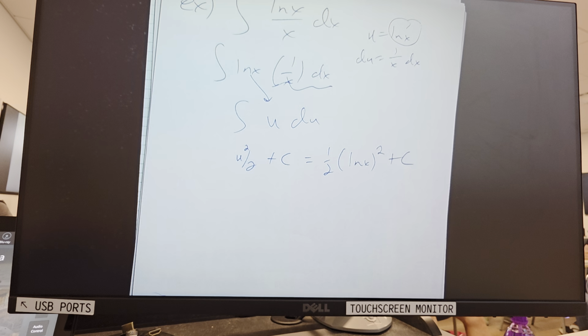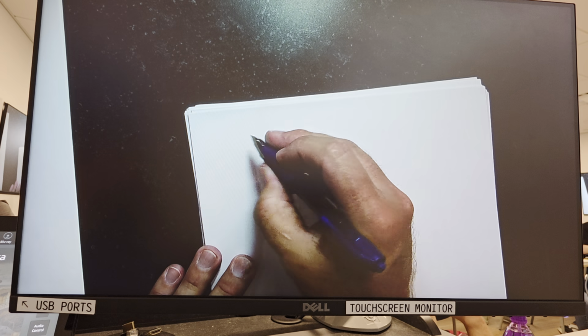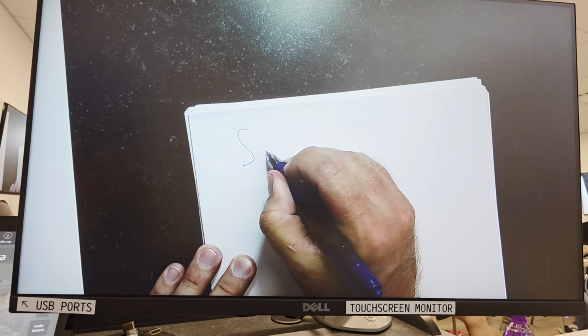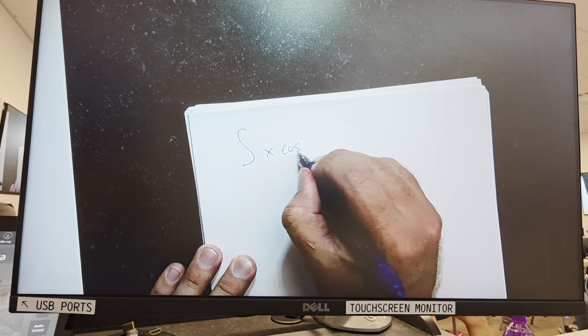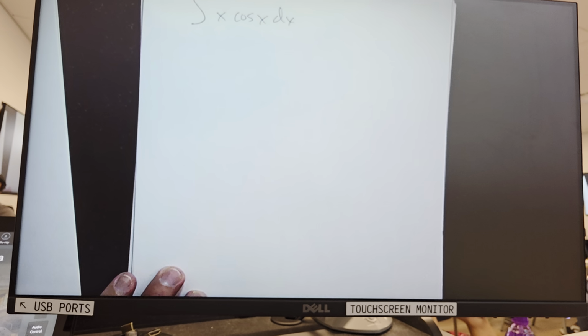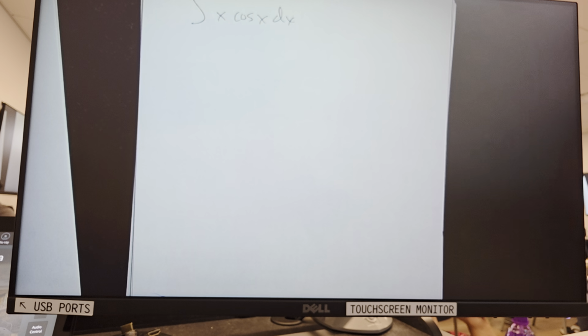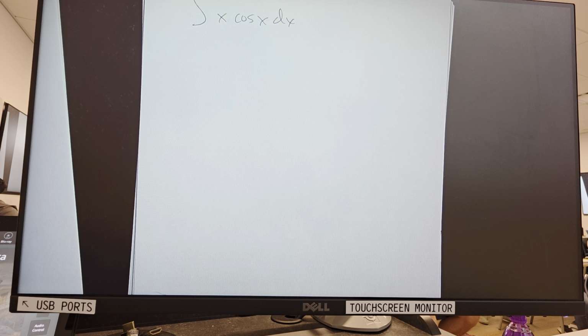Okay. So, what we're about to get into, can somebody think about this problem for a moment? Can somebody identify what would make u sub work here? Rating on one of the x's.